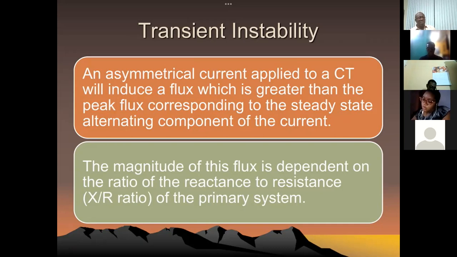And because of that, I run the possibility of having the CTs that are supposed to provide relay information to my differential relay saturate. And how will that now affect the whole operation? That's what we're going to be looking at.